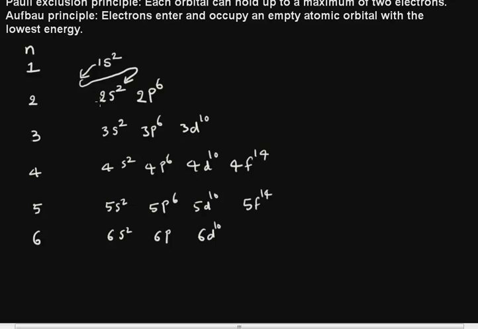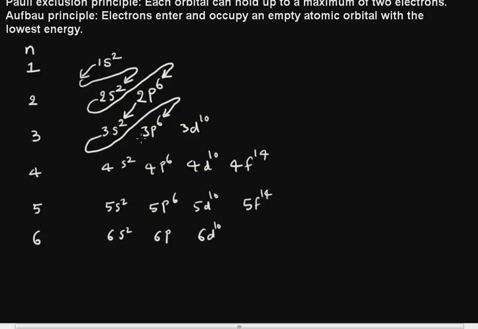Once the 2s subshell is completely filled, we move up to 2p. After 2p is completely filled, we move on to 3s, and after 3s, it would be 3p.